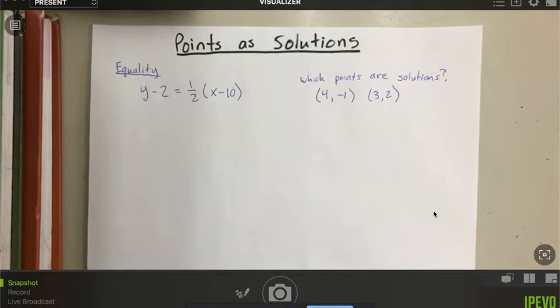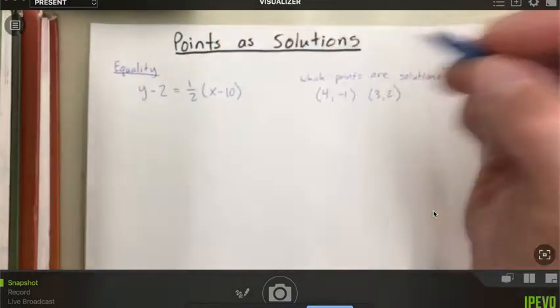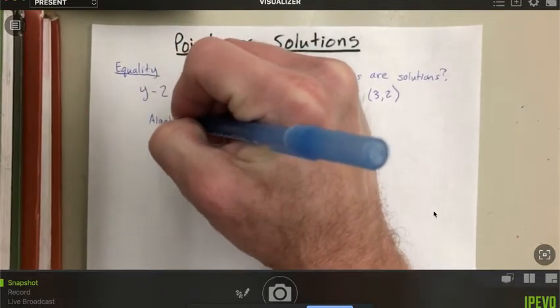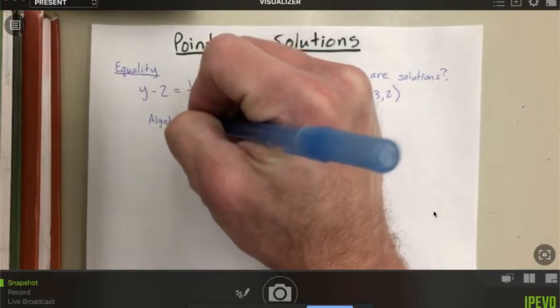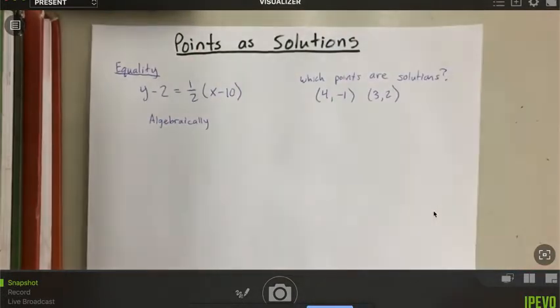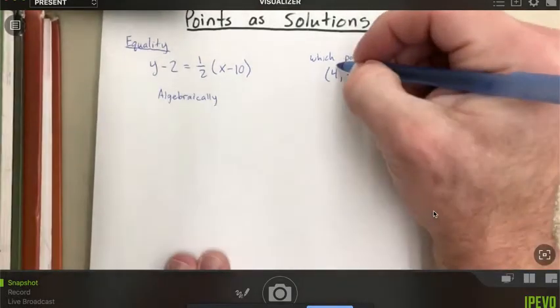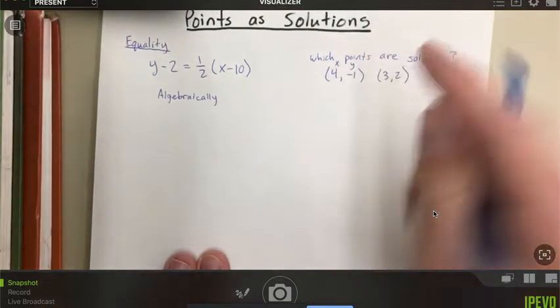So there's two ways we can check this. The first way I want you to think about is algebraically. That's just a fancy way of saying that, remember, a point is x, y.